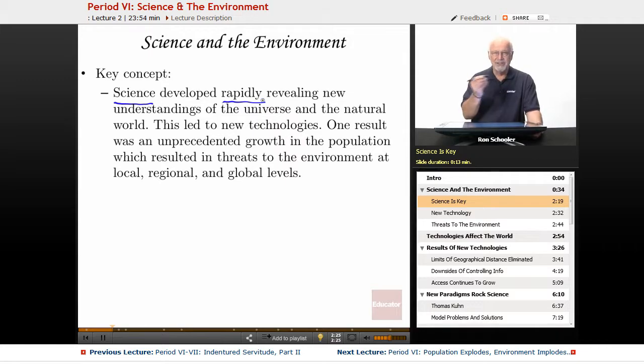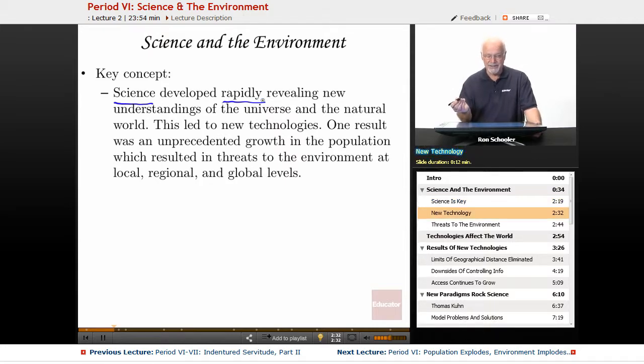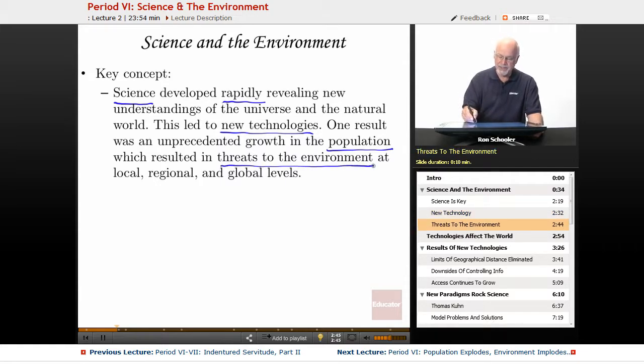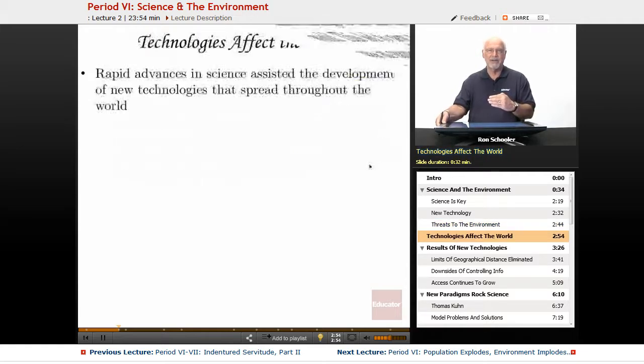And we got new understandings of the universe and the natural world. And this led to new technologies. And one result is growth in population. And lots of people led to threats to the environment, not just locally, but in a global sense. So those are the things that we're going to be approaching in this first part of this era.